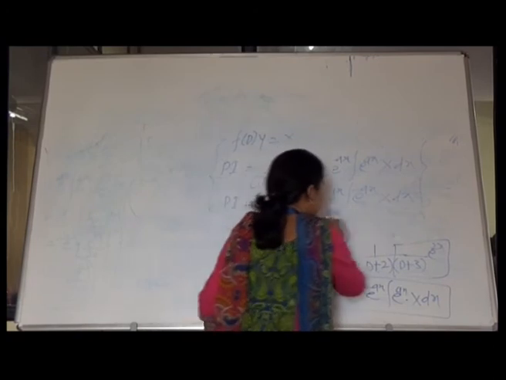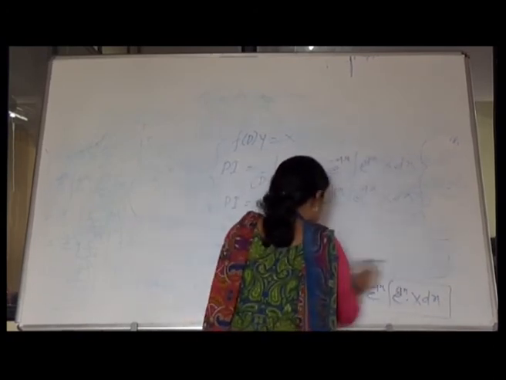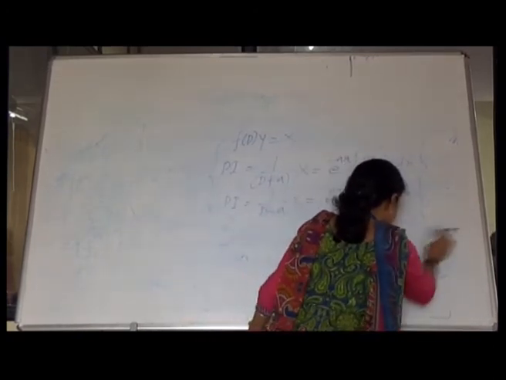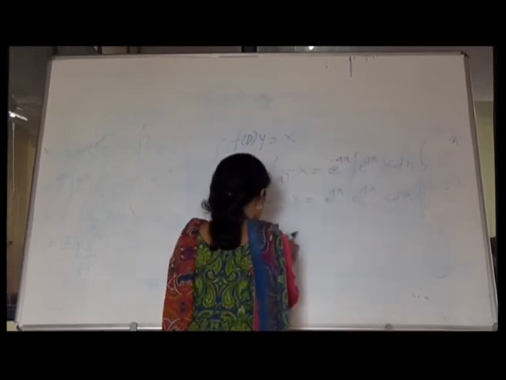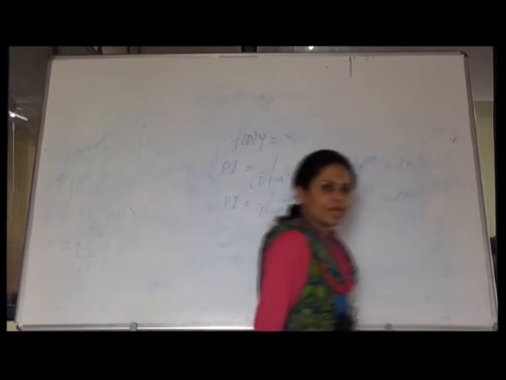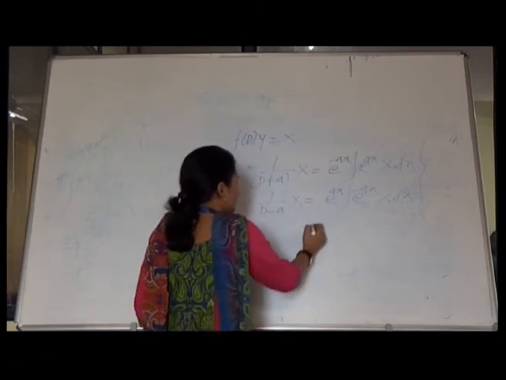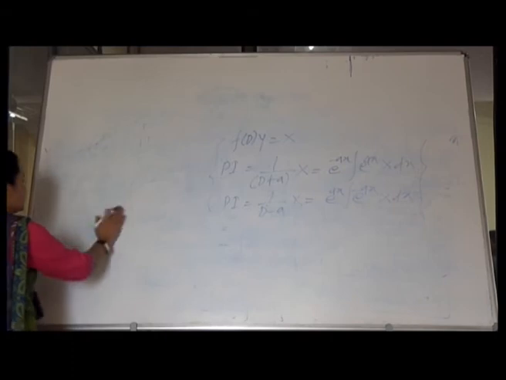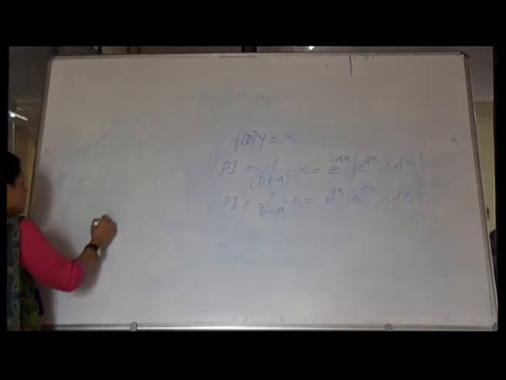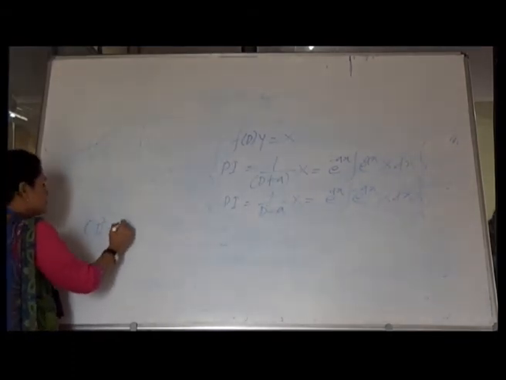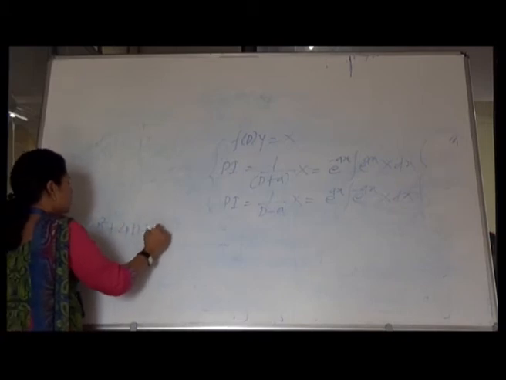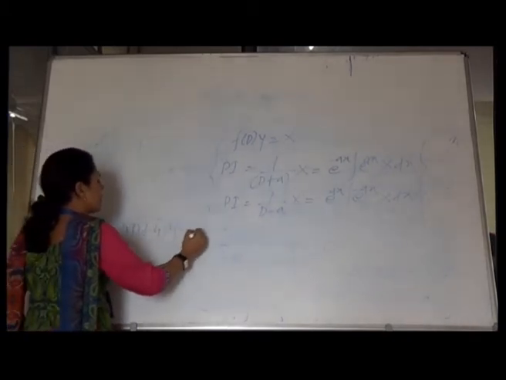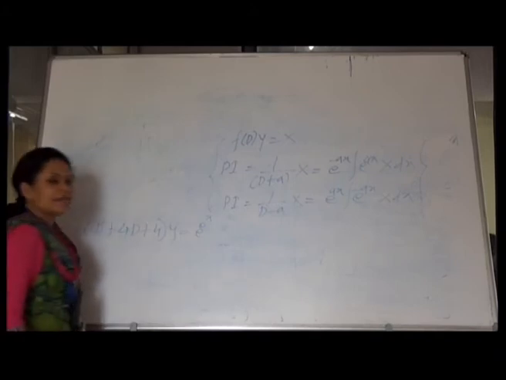Suppose I have the equation, I'll write directly in capital D form. I'll start on this side writing it as D square plus 4D plus 4 into y is equal to e raised to x.